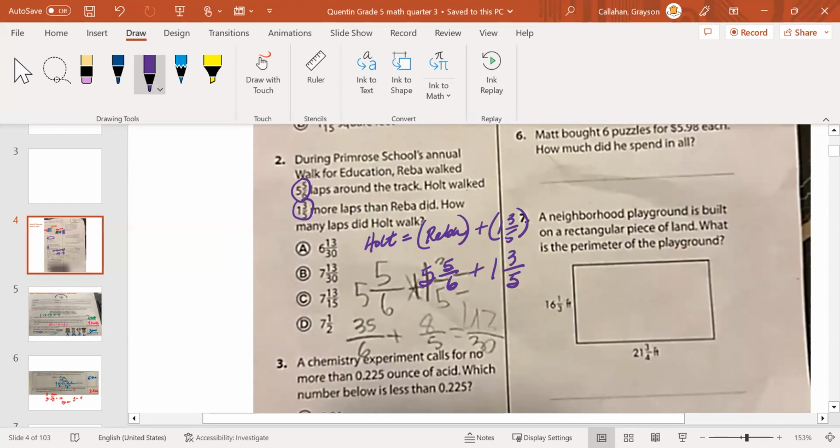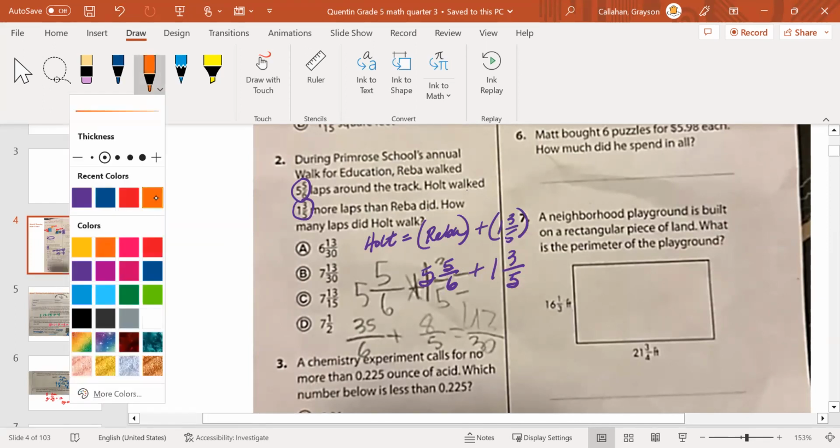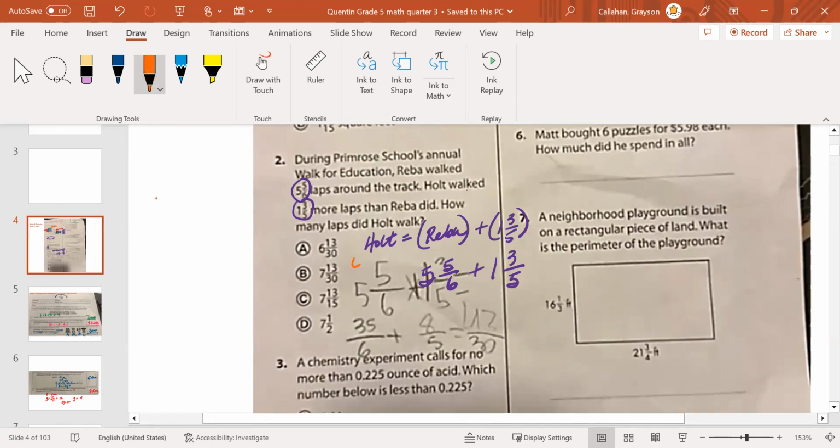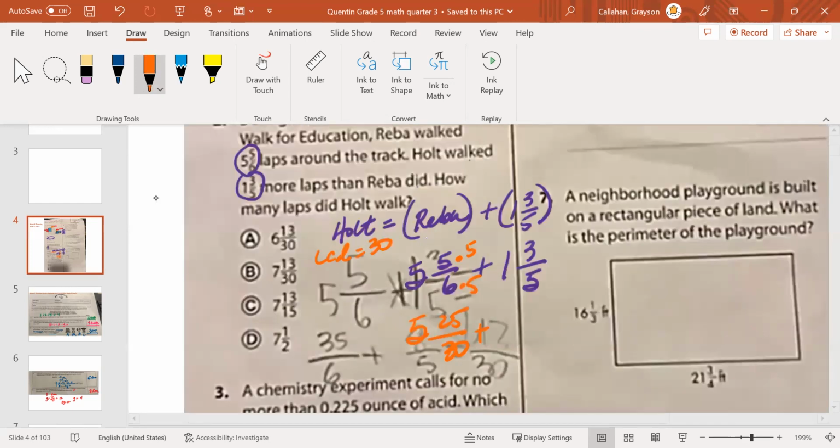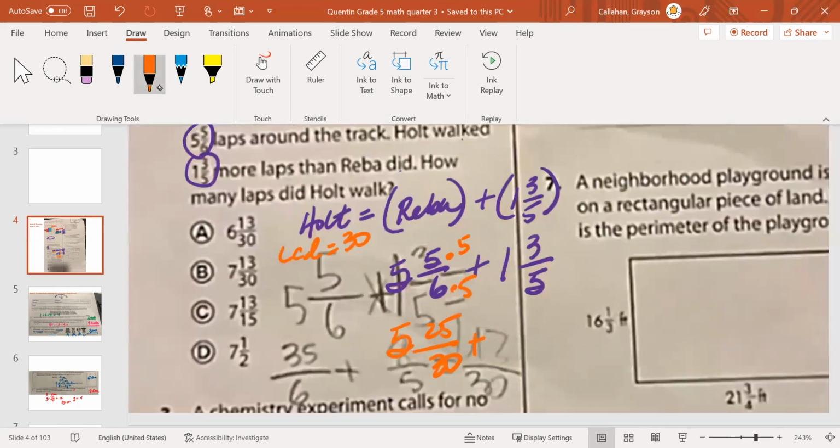I personally like to put them from a proper fraction to an improper fraction, but we don't have to. What's your lowest common denominator here? 30. So for the first one, let's times it by 5, right? So that's 5 25/30 plus, what are you going to multiply on the second one?